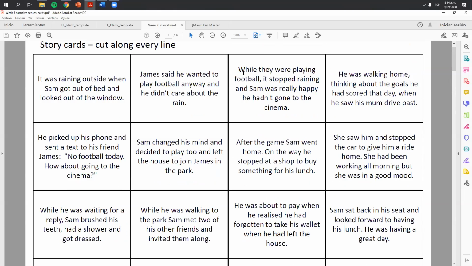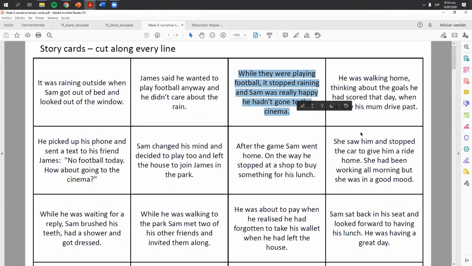The next one, which is this. Jaritza Garcia, would you help us with this one? Okay, while they were playing football, it stopped raining and Sam was really happy they hadn't gone to the cinema. There you go, guys.